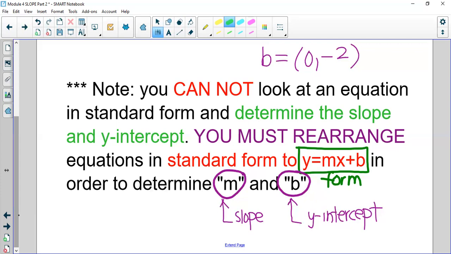Okay, so I want to see everyone writing this note down. Even though you might think you know it, please write it down. It's probably the most important element I can teach you in this unit. So I'll give you a second.